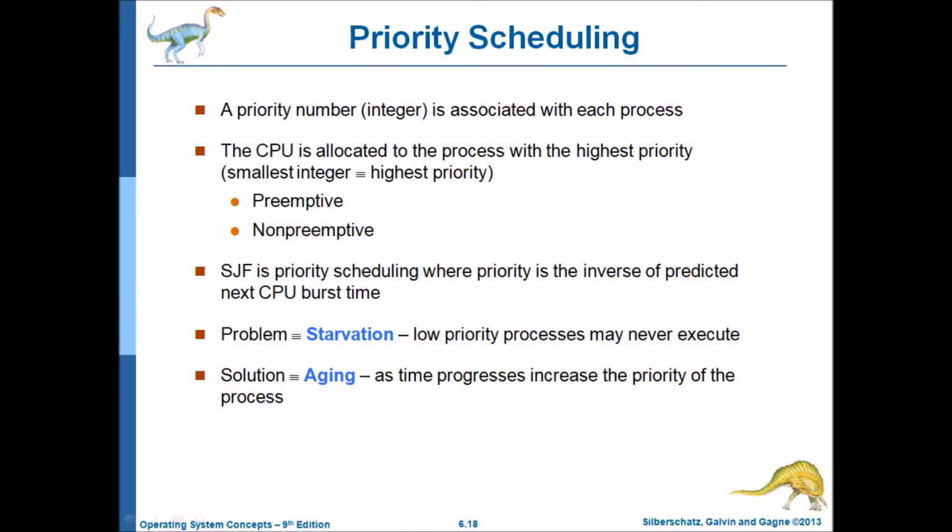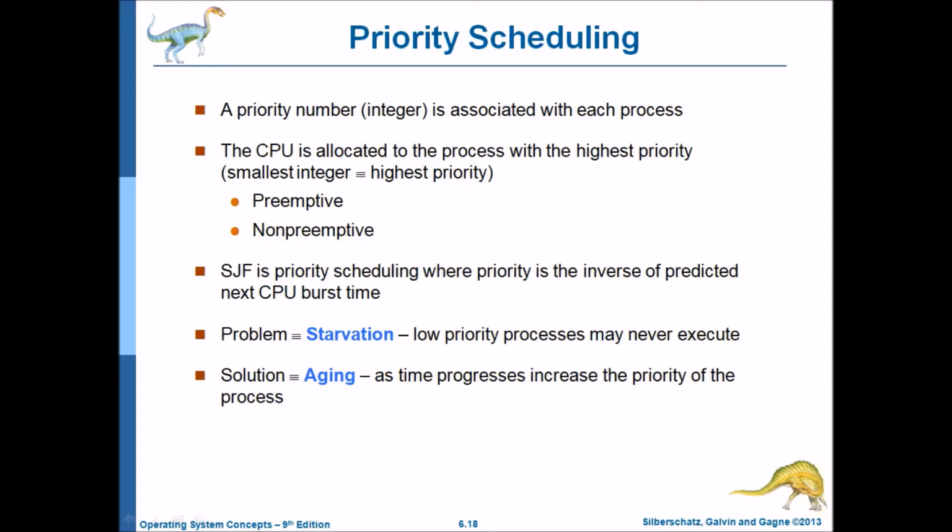This scheduling can suffer from a major problem known as indefinite blocking, or starvation, in which low priority tasks can wait for a very long period of time, or maybe forever, because there are always some other jobs around that have higher priorities.